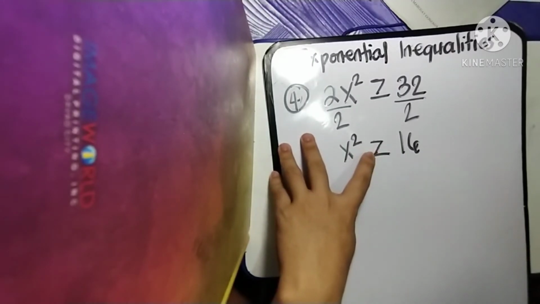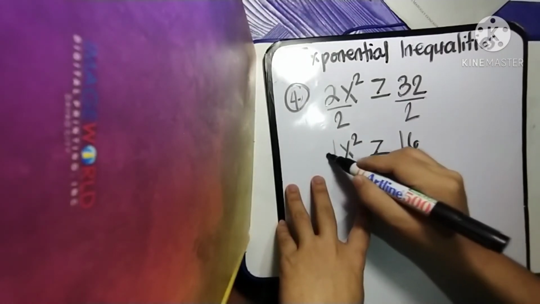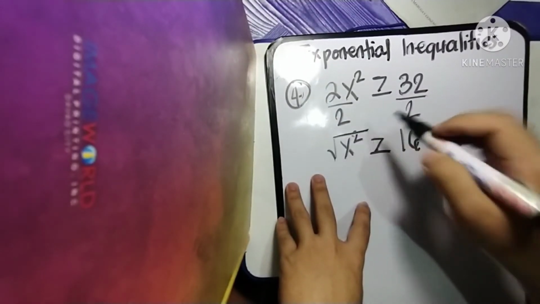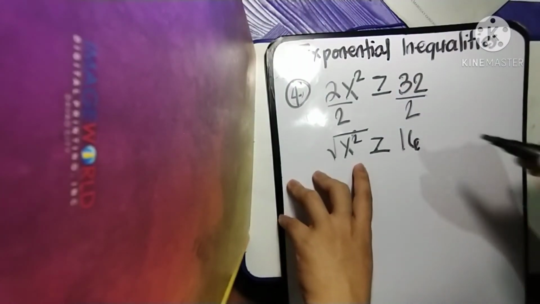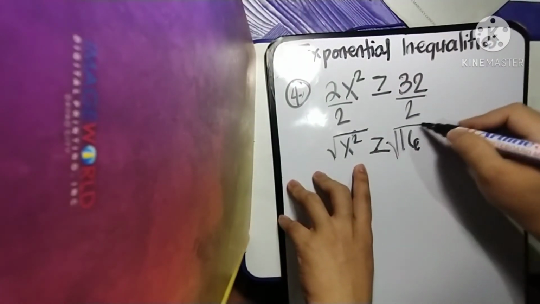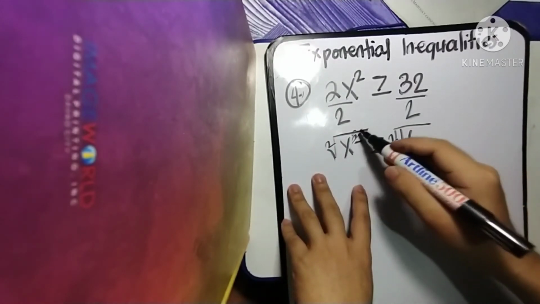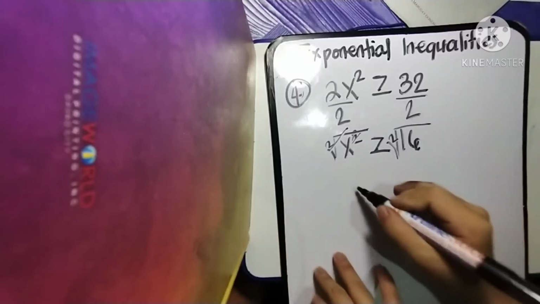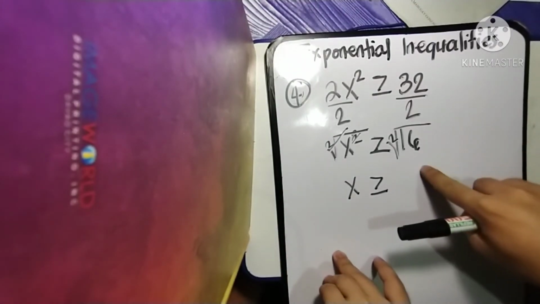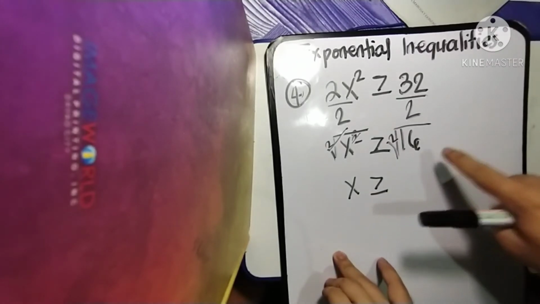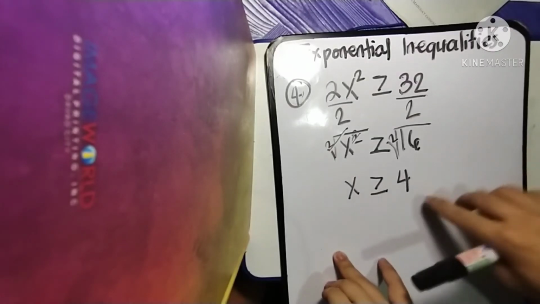Then, we need to take the square root by applying the radical rule. Okay, so take the square root of x squared, then square root of 16. So x squared, cancel. Nabilin is x is greater than or equal to the square root of 16. Now square root of 16 is 4.